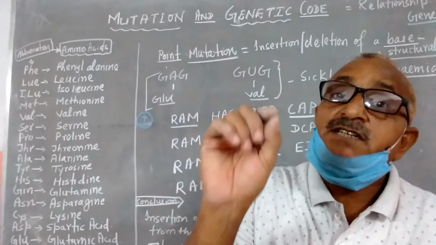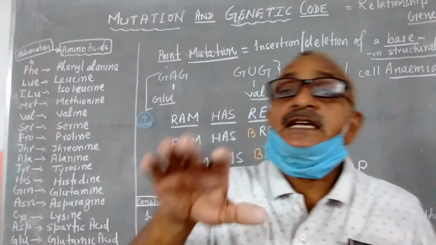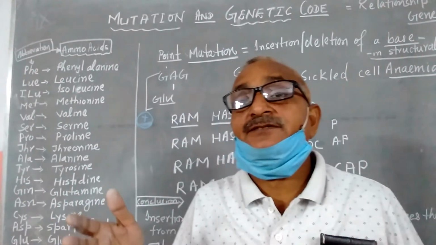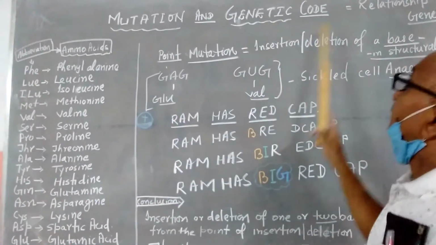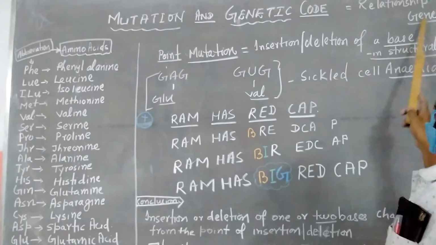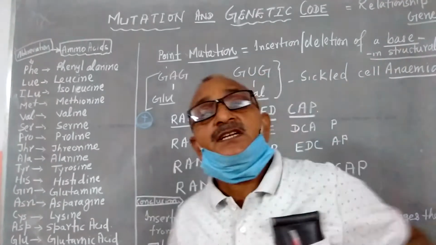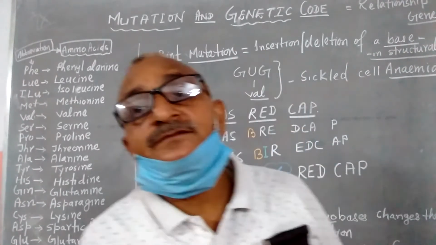Now, mutation is the alteration in the gene. It is obvious that there is a relation between gene and DNA. A gene is a part of DNA.